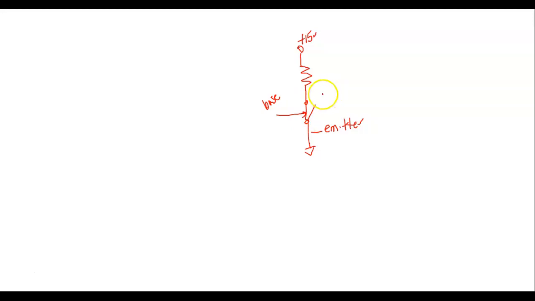So what voltage would we measure across the switch? How much resistance does a closed switch have?